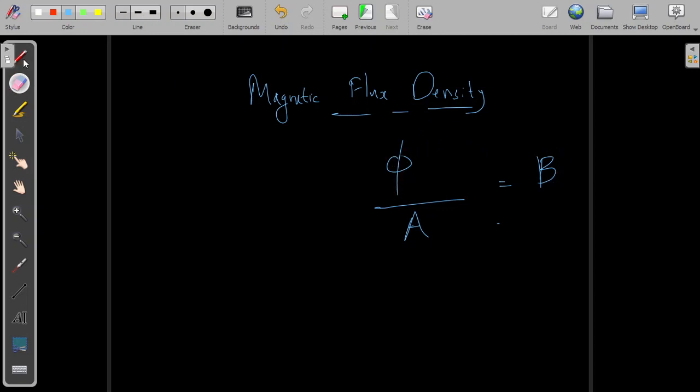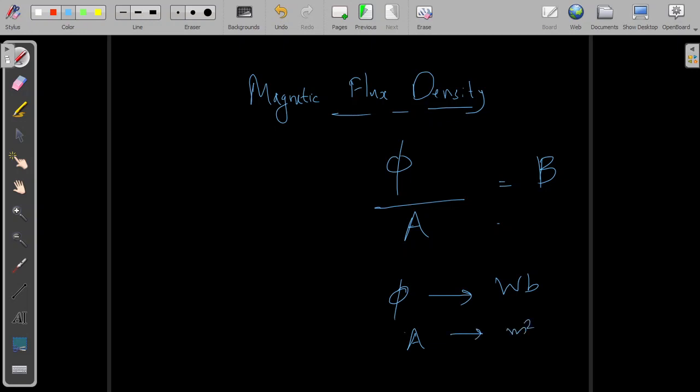The unit of the magnetic flux phi is the Weber, denoted by Wb, and the area unit is meter square.